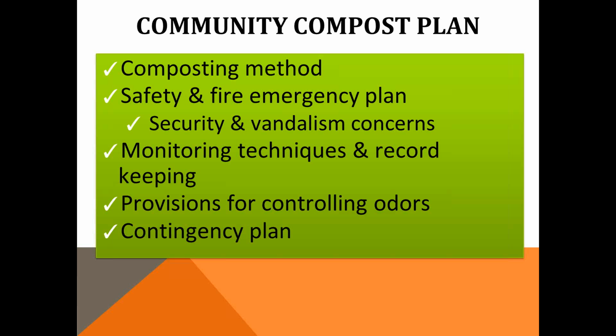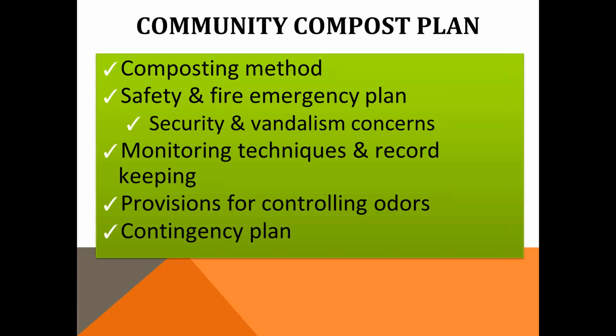When you're planning your community composting site, you need to keep in mind several things. One is obviously your site and your composting method. Look at safety and fire emergency plans. Most likely your compost would never get hot enough to catch on fire, but it is something to be aware of. In particular, if you're located in a residential area, you'll need to look at security and vandalism issues. We will go over log recording.